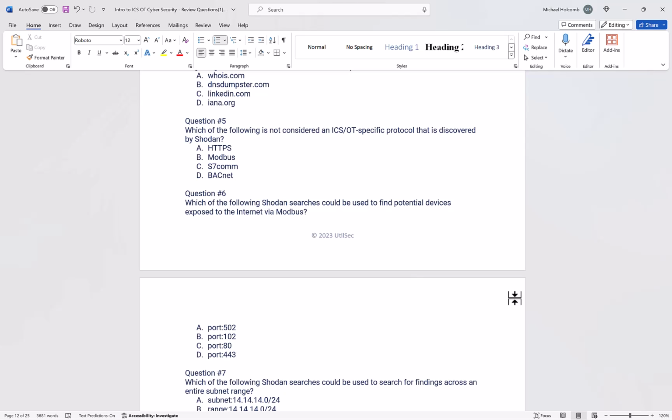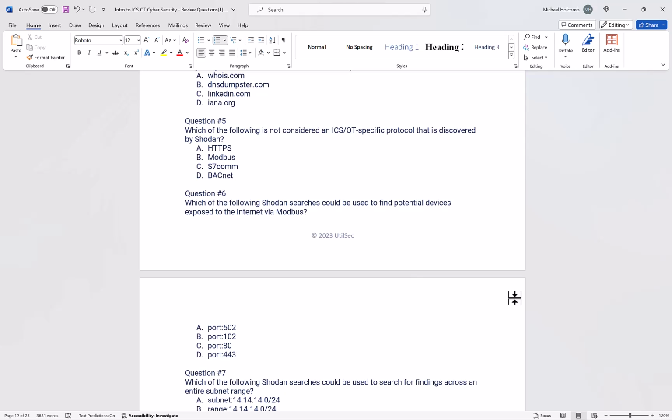So question 6, which of the following Shodan searches should be used to find potential devices exposed to the internet via Modbus? The answer would be port:502. So A. Just remember, if you run that in Shodan, it pulls up, like we saw in the unit, every system connected to the internet that has port 502 open, whether it's Modbus or not.